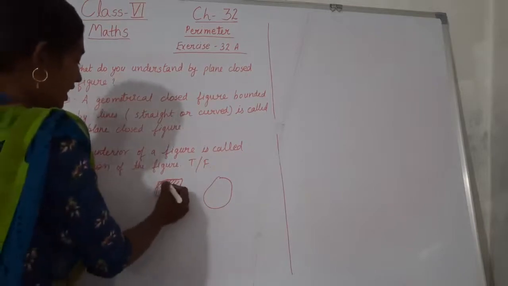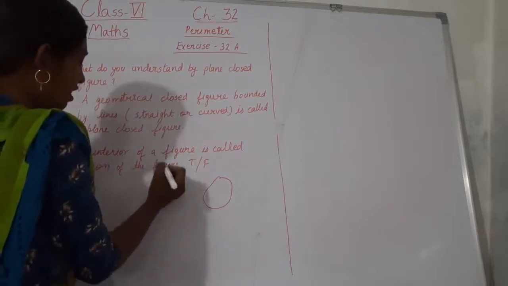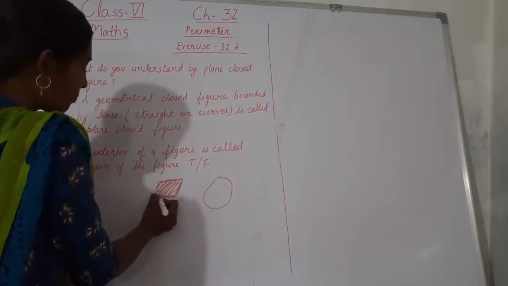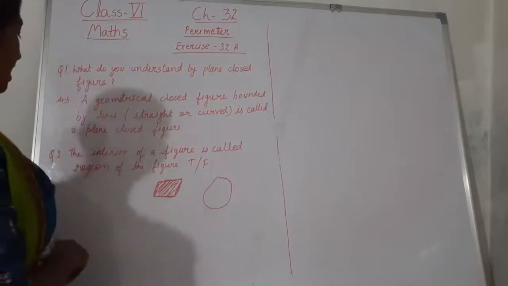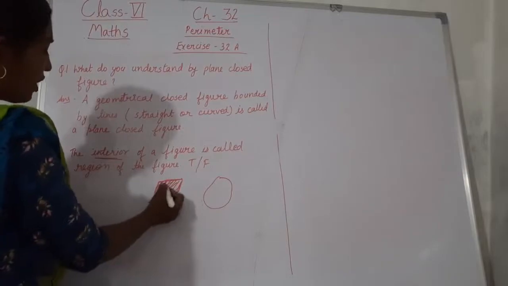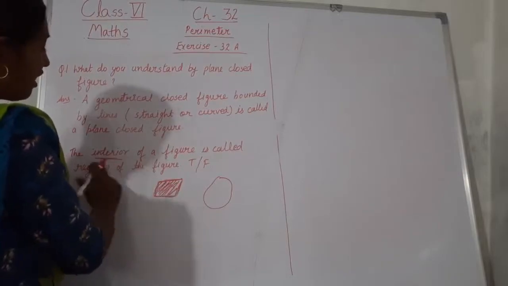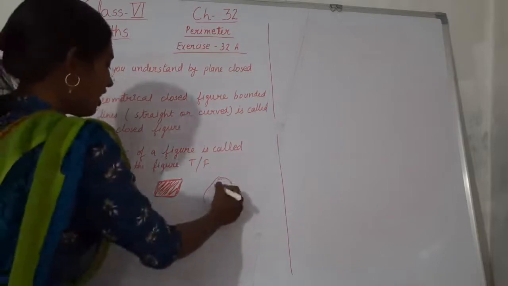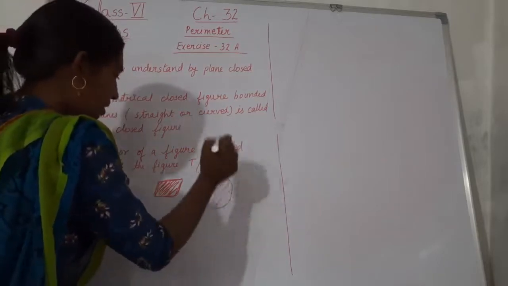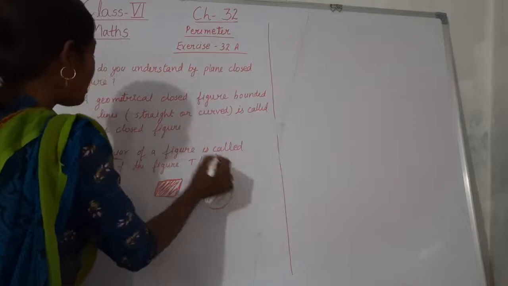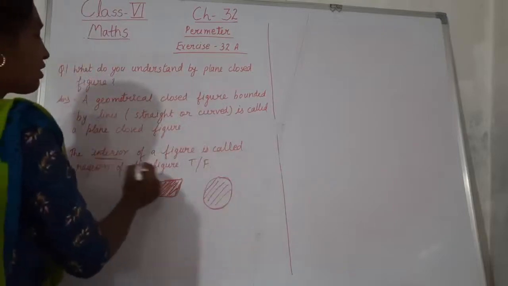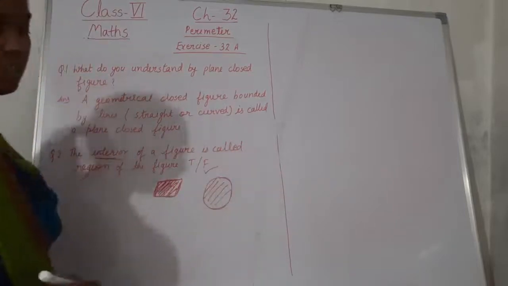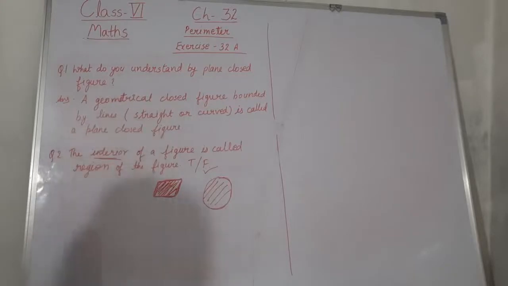Region means inside interior area plus boundary. But this sentence says the interior means only this part. The interior of a figure is called the region. No, the region definition is interior part plus boundary. But here it is saying only interior part. That's why this sentence is false. Note down this one, then we will solve the next.